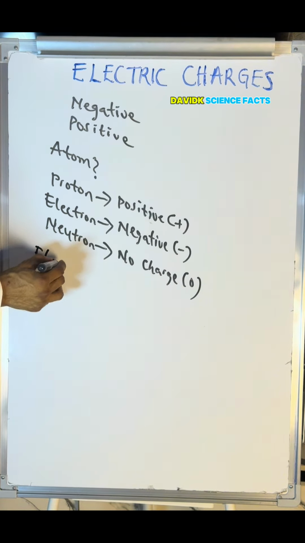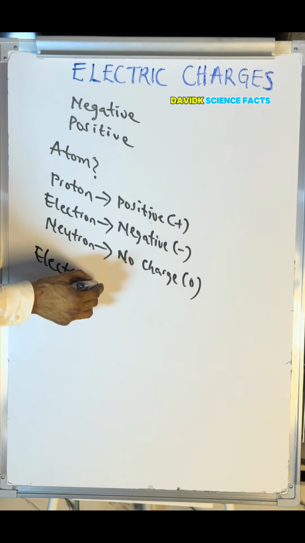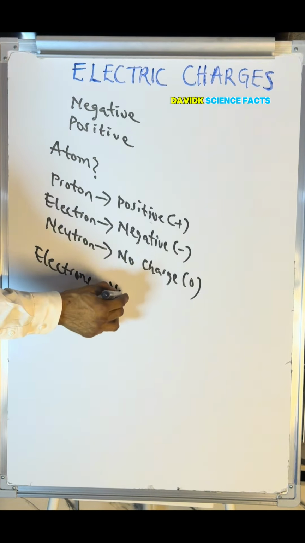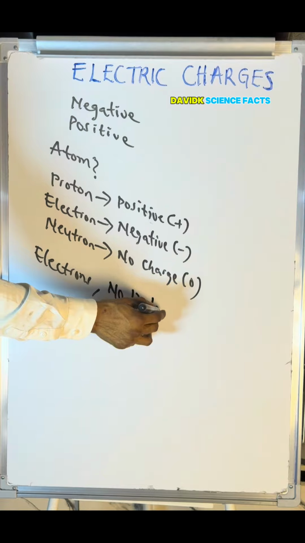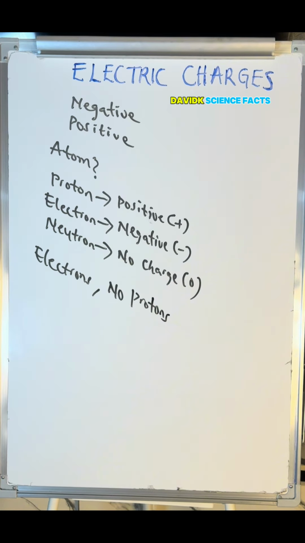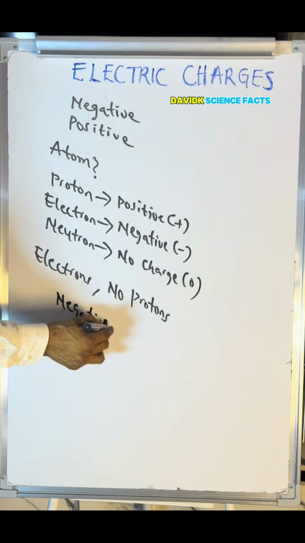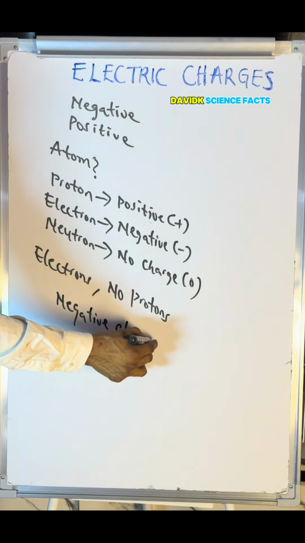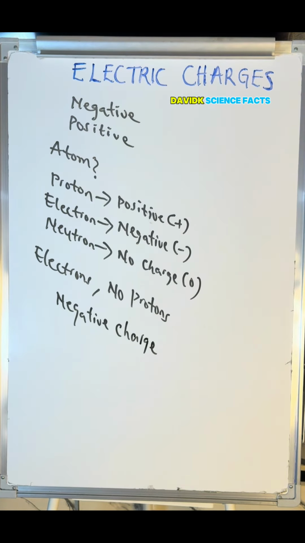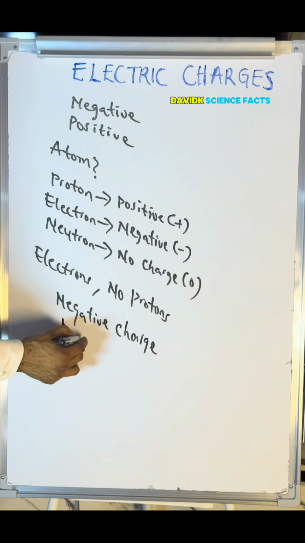So here, no protons move. Now when it moves, it gains electron to become negative charge. It loses electron to become positive charge.